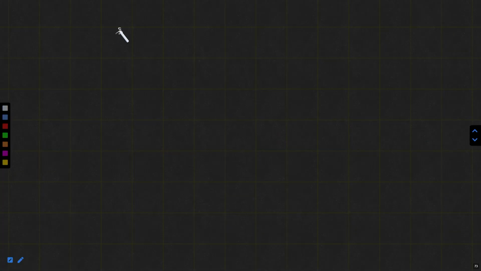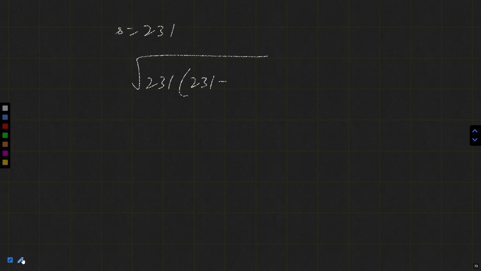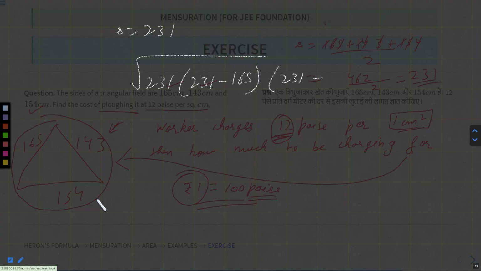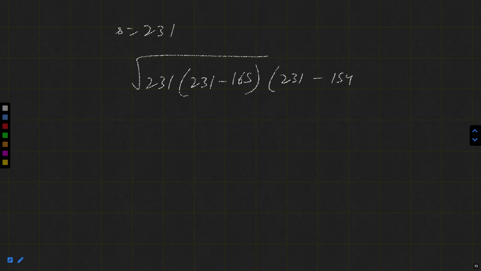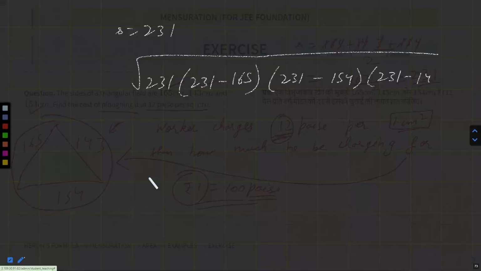Now S is equal to 231. So 231 minus 165, 231 minus 154, and 231 minus 143.